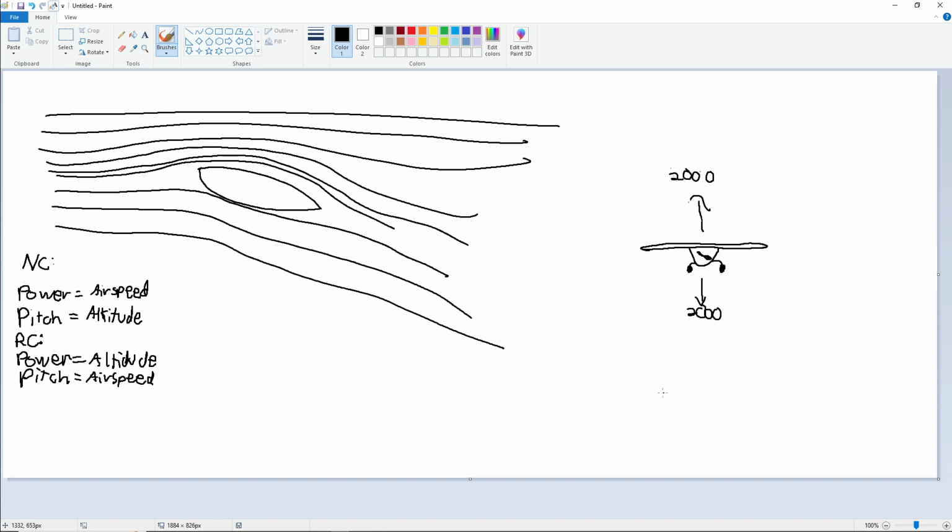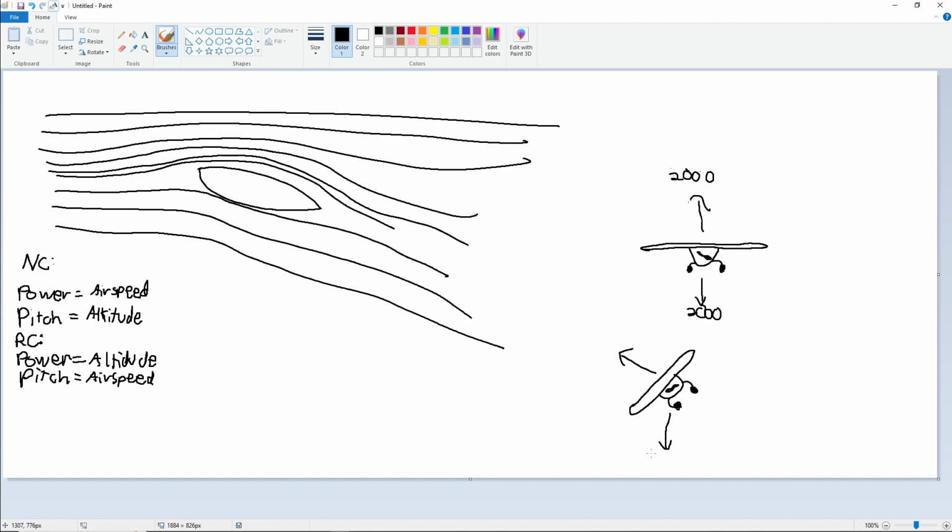Now, let's say we have an aircraft at a bank. This is a pretty aggressive bank. Okay. Same aircraft but it's in a bank. Now, it's creating its lift like so.